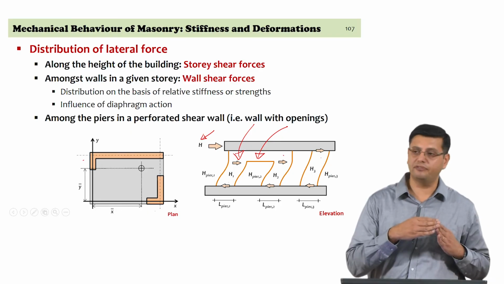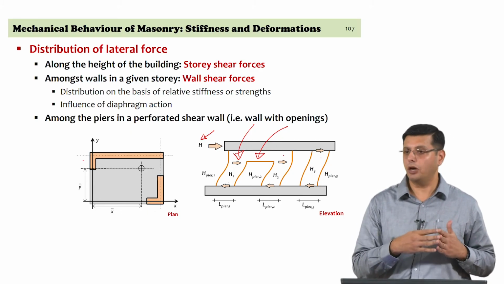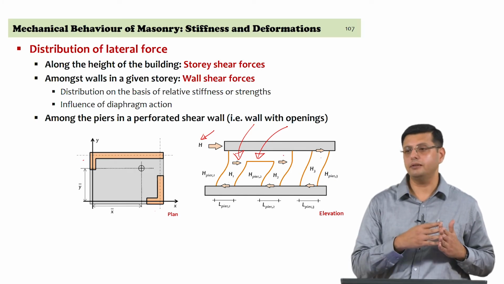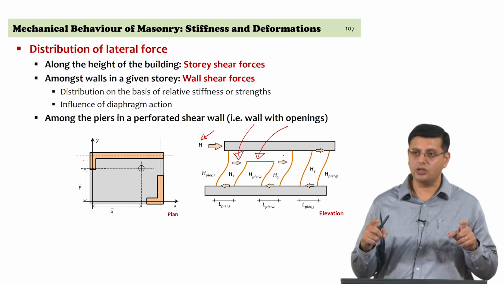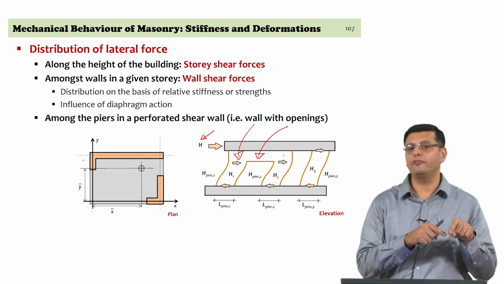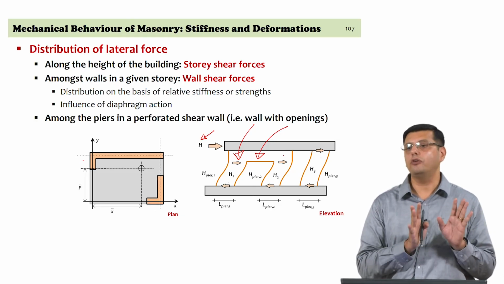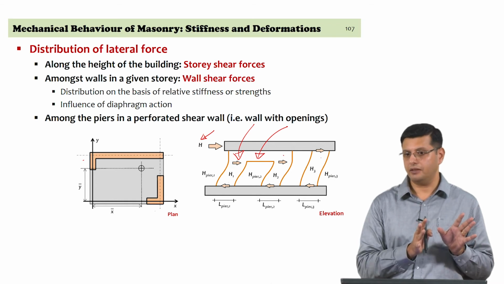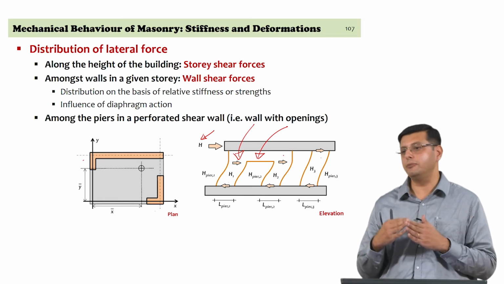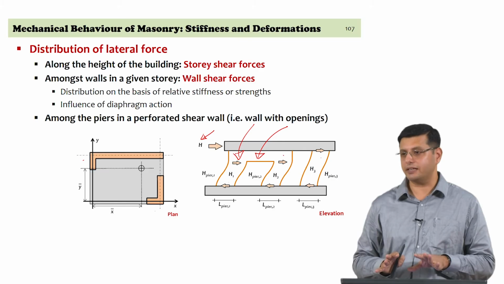In a moment resisting frame, you would have a beam column joint between the columns and the beams. In a similar manner, between the spandrel, the horizontally aligned element, and the pier, the vertically aligned element, you have what is referred to as a zone of low deformation, and often that is idealized as a rigid node like a beam column joint in a moment resisting frame.